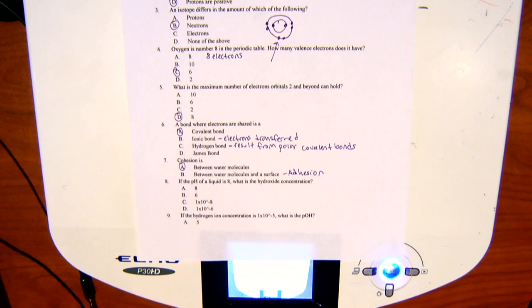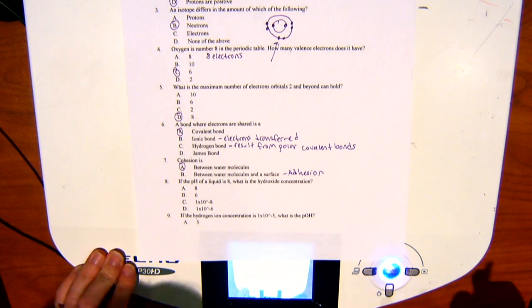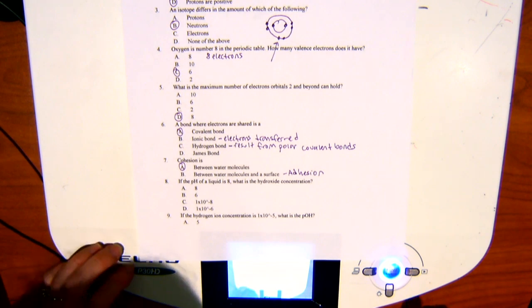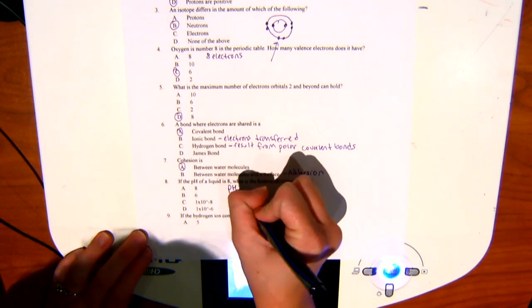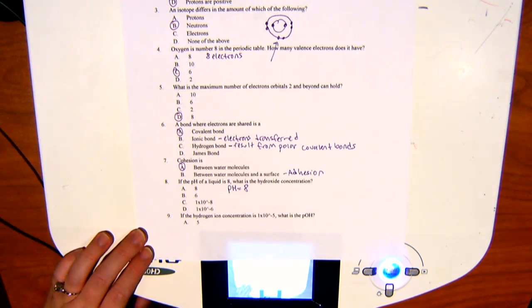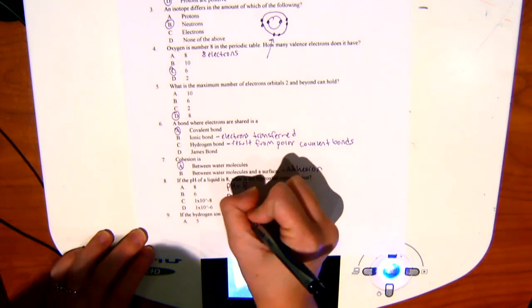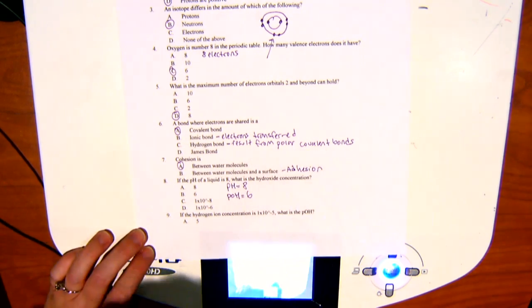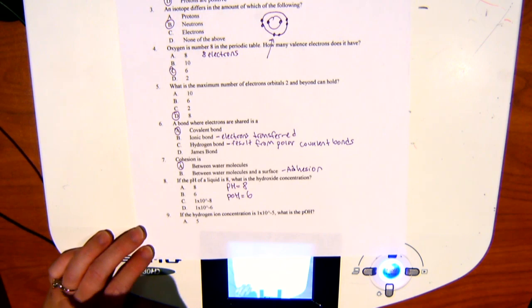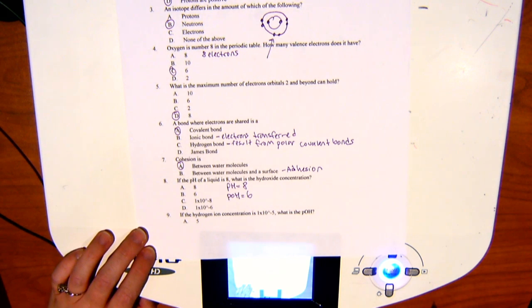Alright, number 8. If a pH of a liquid is 8, what is the hydroxide concentration? So they told us pH equals 8. So the first thing I'm going to do is convert that to a pOH. So my pOH would be 6 because I'm going to subtract that from 14. Because we know that pH and pOH always add up to 14.